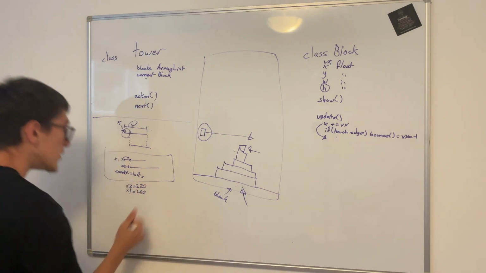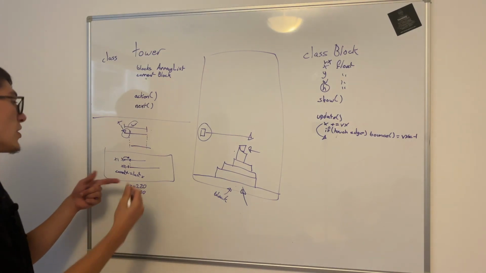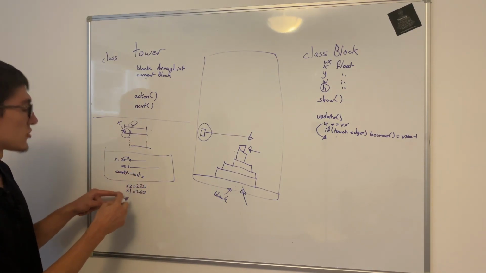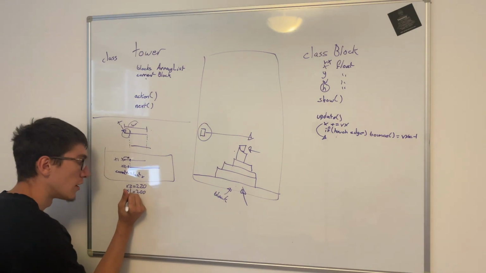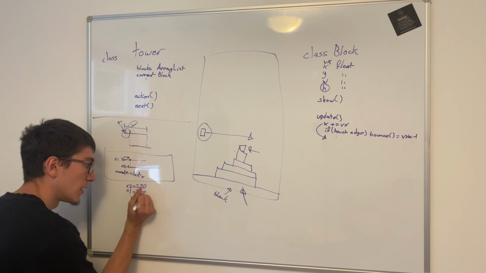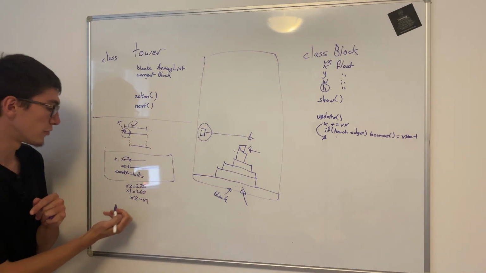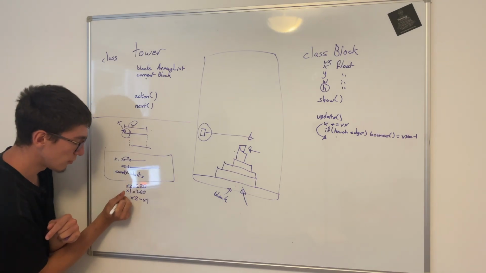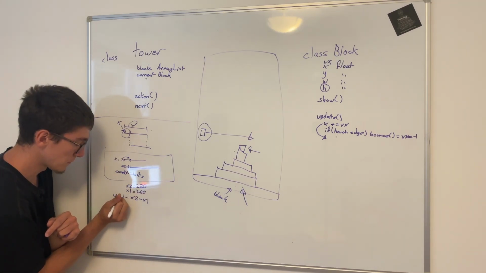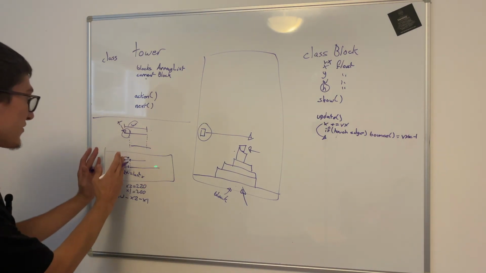To get this specific length, we can just subtract x1 from x2. So the space is going to be x2 minus x1. Then we can just do the w minus this, and this is the new w. So that's for the left side.